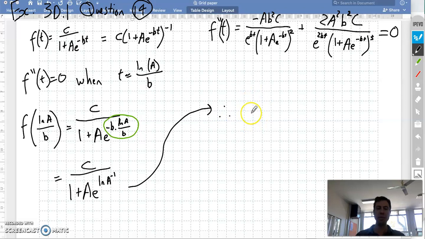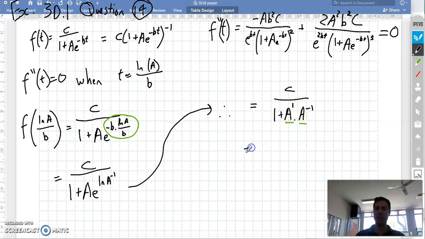Therefore, f of t at this point equals c on 1 plus A, and this is just going to end up being A to the minus 1. So what does this all reduce to? This is A to the power of 1. We've got the same base. We've got a multiplication. So what do we do with the powers? We add the powers. Right? So we're going to do 1 plus minus 1. That equals 0.